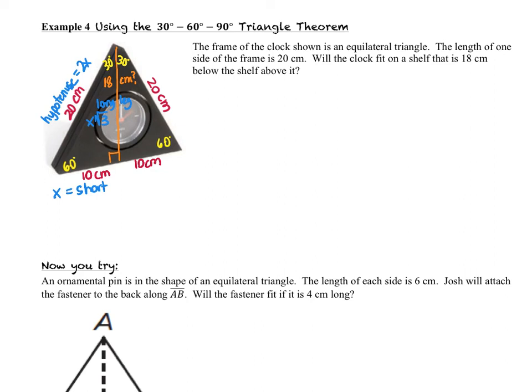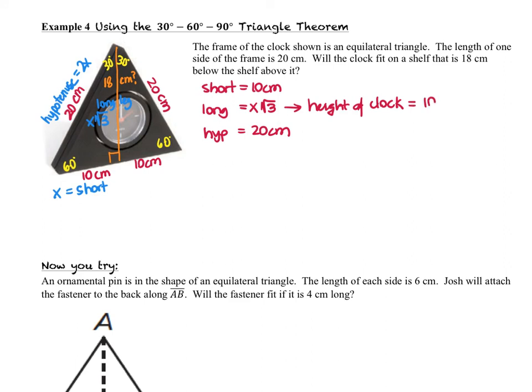Now let's organize the information that we've learned. So we know the length of the short side and we know the length of the hypotenuse. The length of the long side is going to give us the height of the clock. And for that, all we need to do is to plug in x. So it's going to be 10 root 3 centimeters.